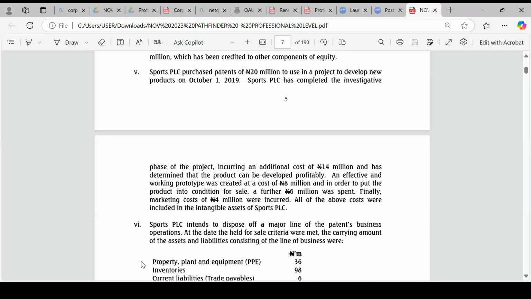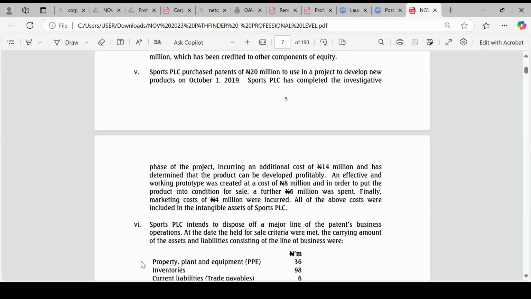Just like research cost, any research cost, investigative cost, all those things, we normally expense them under IAS 38. But we're told it has been determined that the product will be developed profitably. Any cost you now incur after this is no longer part of the investigative cost. Those ones can now be capitalized.